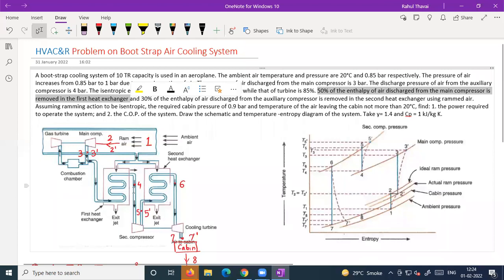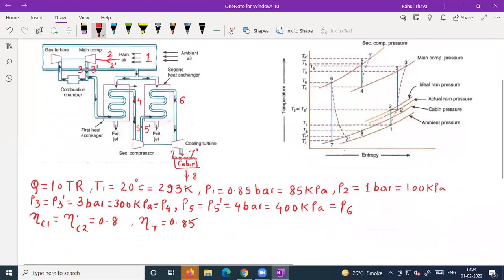So what enthalpy at point number 4 will you get? Since 50% is removed, at point number 4 we will get the enthalpy equal to 50% of H3 dash. Because 50% was already removed, the remaining 50% is what we get.